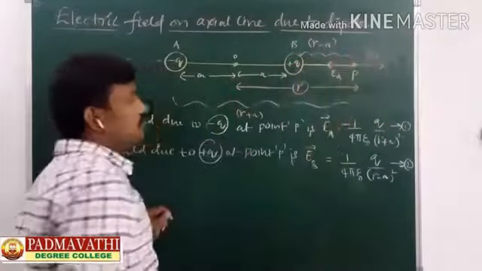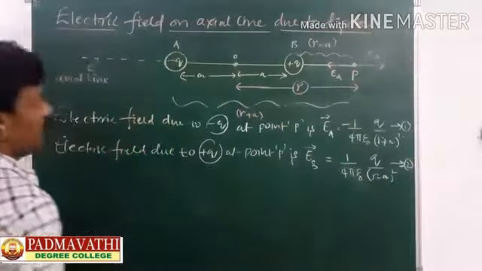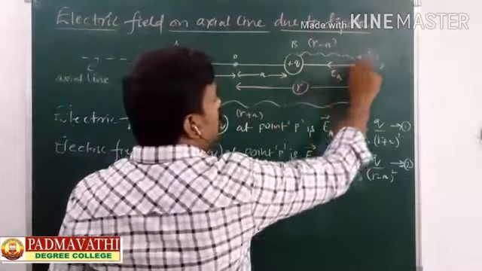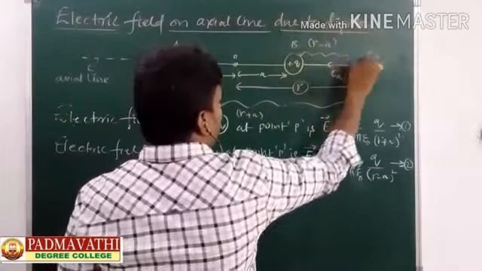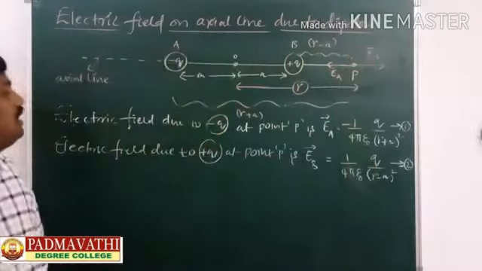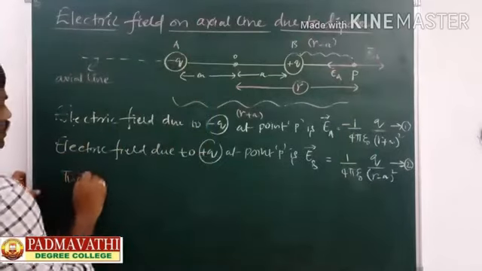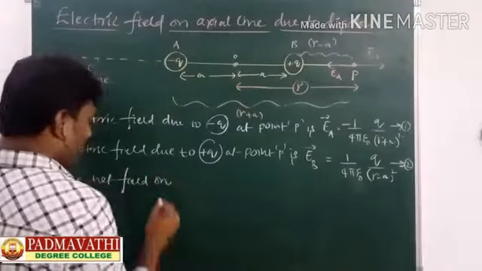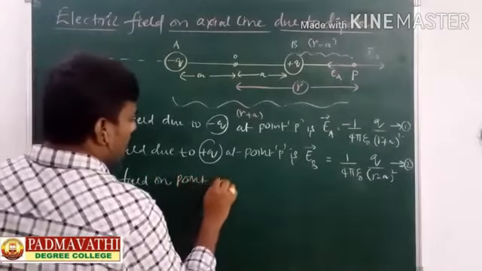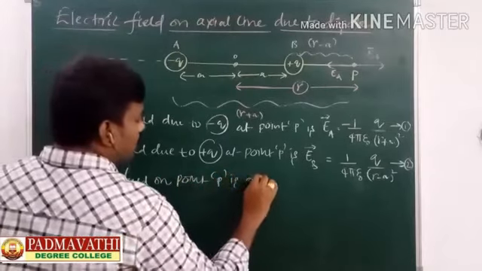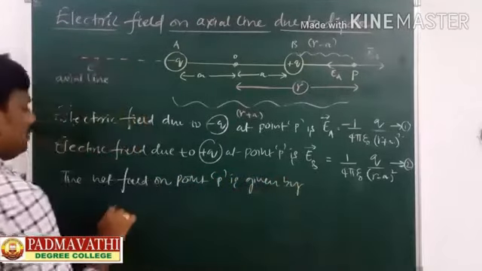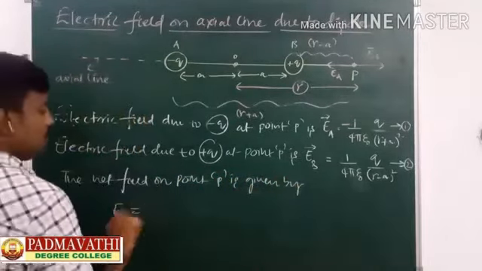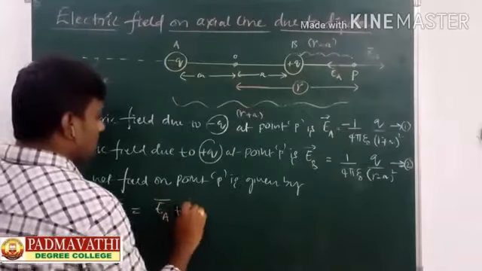Now if you want to find the net electric field at point P, this is nothing but the vector sum of EA bar and EB bar. So the net electric field at point P is given by E net equals EA bar plus EB bar.